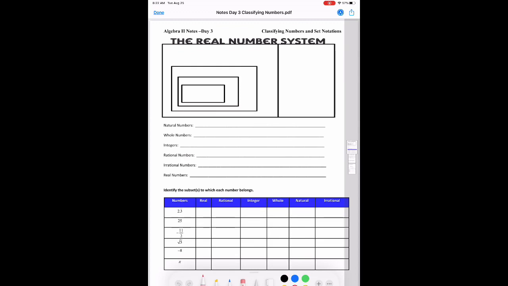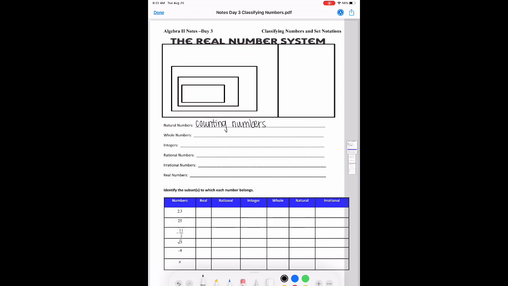So the real number system. First I'm going to write definitions as we fill in these boxes. So let's think natural numbers. Natural numbers are just counting numbers. First off, what does that mean?